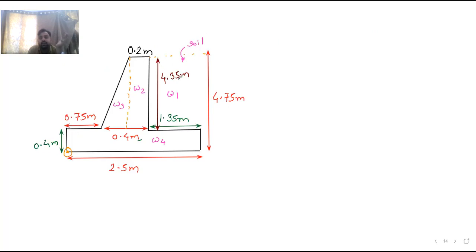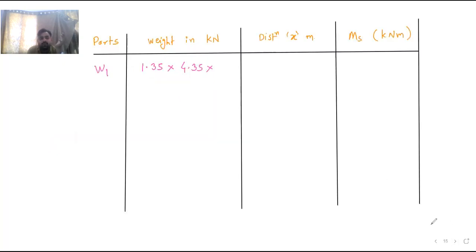This is the retaining area. So soil should be present over here in this area. So here you can multiply it by 18. And this will come in kilonewton per meter, but we have assumed 1 meter length. So for 1 meter, if you multiply it by 1, you will get the answer in kilonewton. So now this is the force.